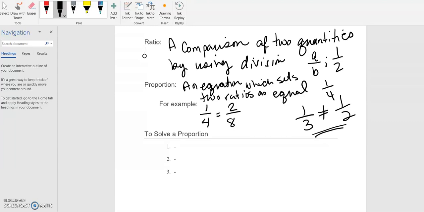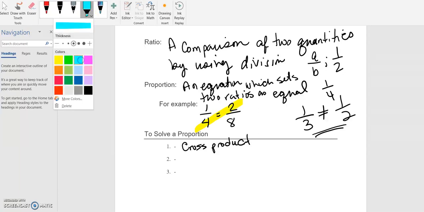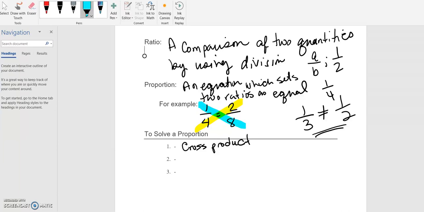The first is that we're going to find the cross product of the two ratios. What a cross product means is that I'm going to multiply the denominator of one with the numerator of the other, and then the numerator of the first times the denominator of the second. That gives me a full idea of what these look like.